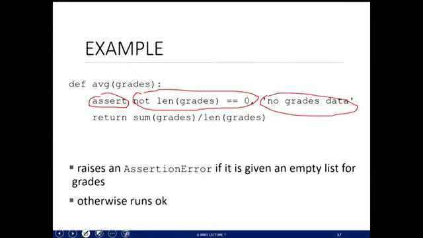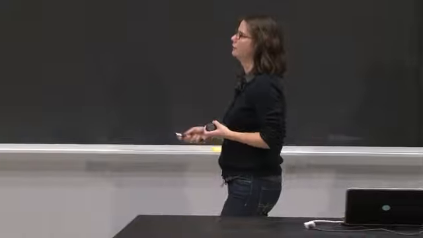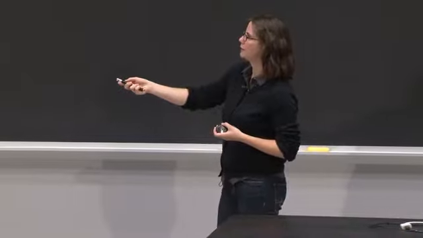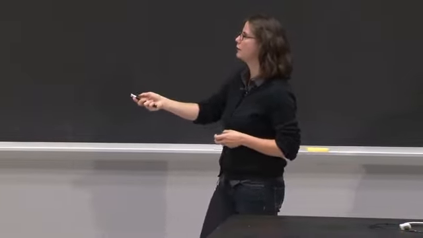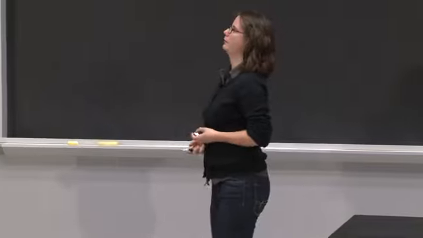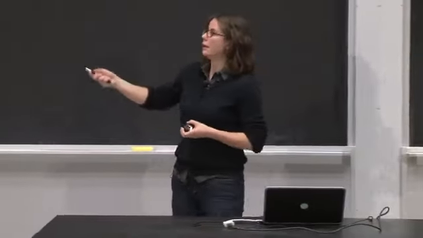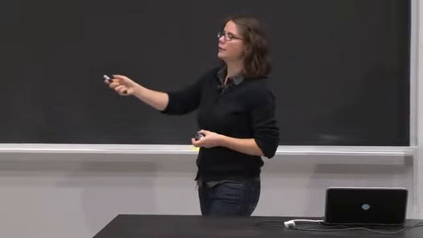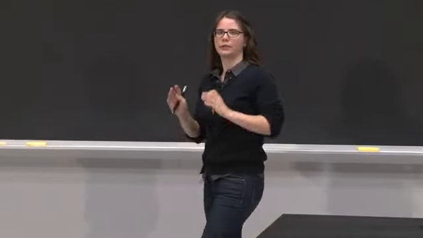Then we have a string which represents what to print out if the assertion does not hold. So if you run the function and give it a list that is empty, this becomes false. So the assert is false, and we're going to print out an assertion error, no grades data. If the assert is false, the function does not continue. It stops right there.